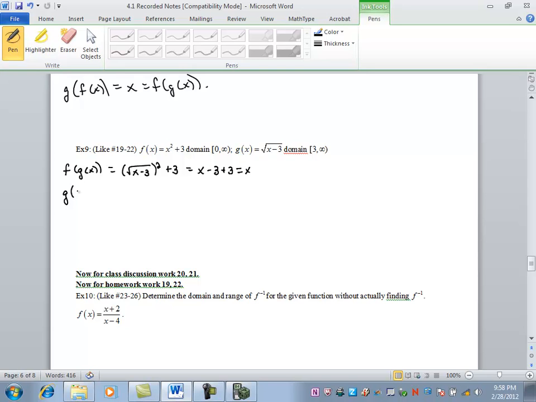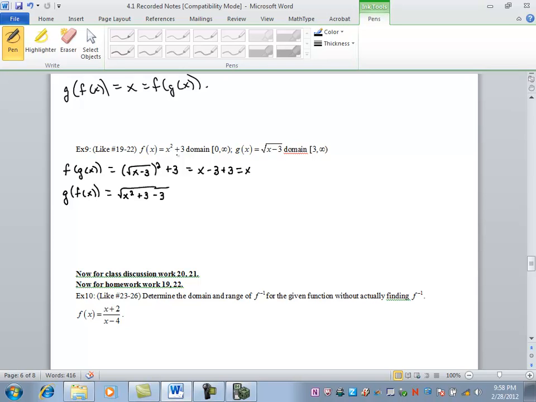And then g composed with f of x gives me, so what do we have here? Well, this is the square root of x squared plus 3, minus 3. Alright, and so notice what we did.